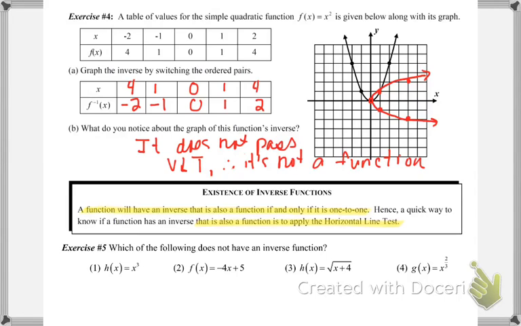And when you put choice 4 into Y1, you'll see that the graph looks like that. So when you draw a horizontal line, you'll see it may be a function, but it's not a one-to-one function.